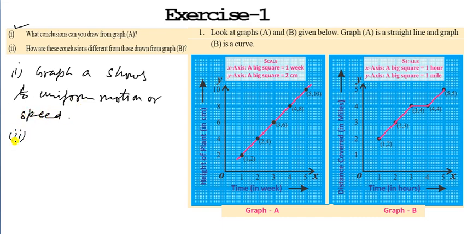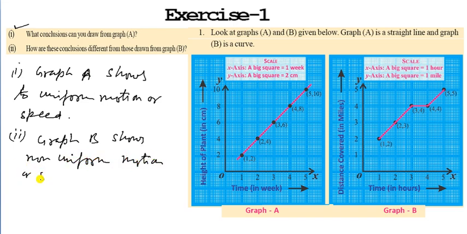Or second, graph B, you can write here capital B, shows non-uniform motion or speed. So that is the conclusion by the graphs. We can calculate this one. So let us see the next one.